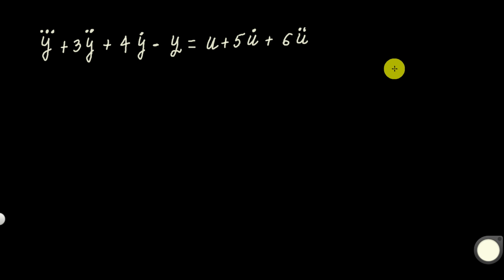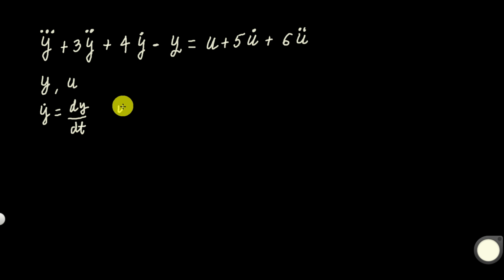To explain how to transform a differential equation to a transfer function, we consider this example. This is the third order differential equation. And let's first explain the notation. Y is the output and U is the input. Y dot is the first derivative of the output with respect to time.